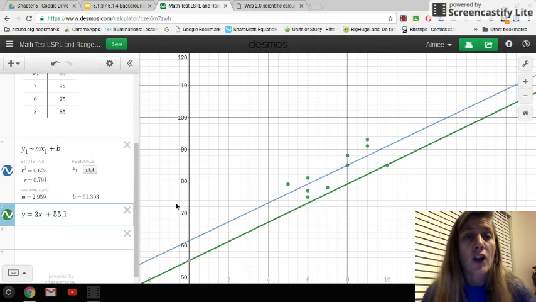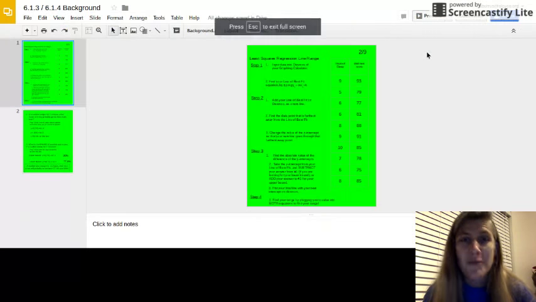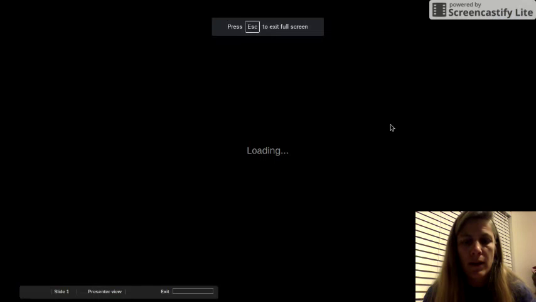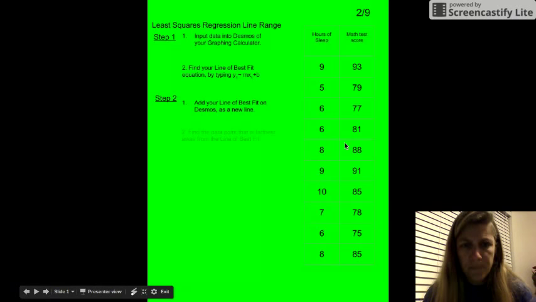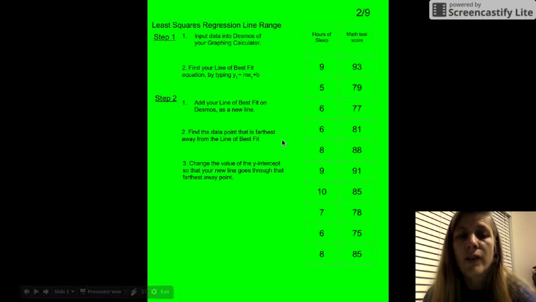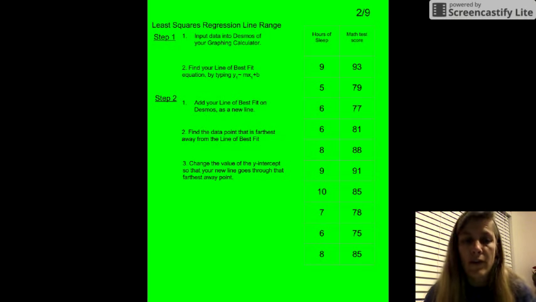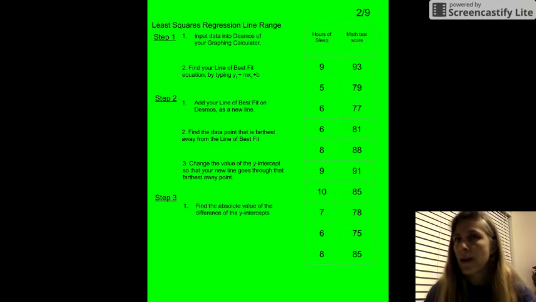Our next step that we're going to be looking at is, every time we do this, we have to see all the points again. Sorry about that, ladies and gentlemen. So as we're going through, our next step after we found our data point that's furthest away from our line of best fit, and we change the value of the y-intercept so that your new line goes through that farthest away point, what we're looking at now for step 3 is we're finding the absolute value of the difference of the y-intercepts.